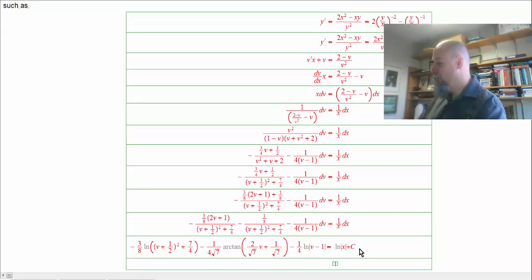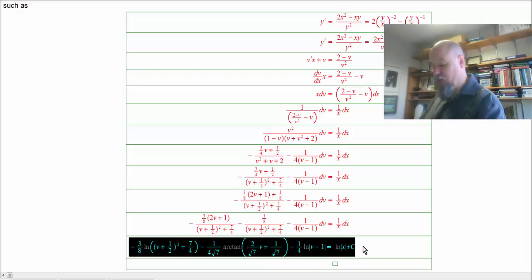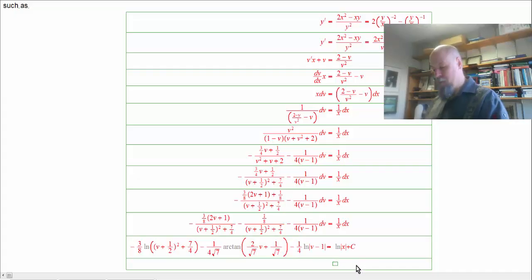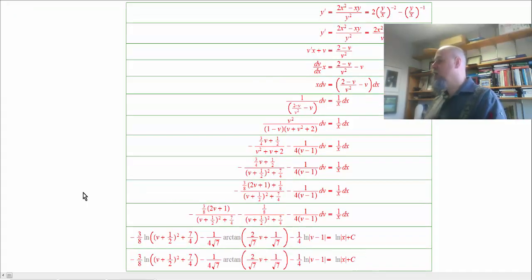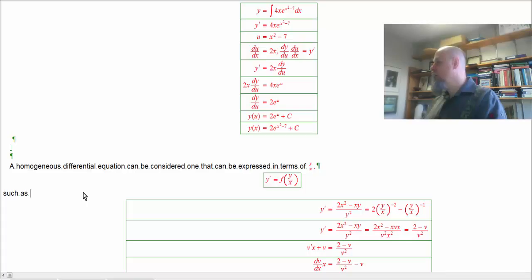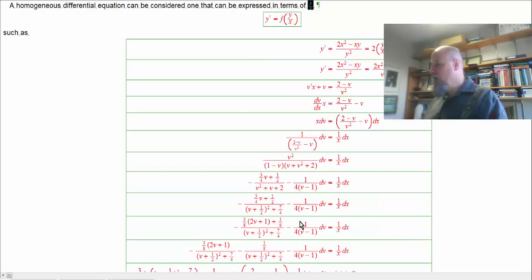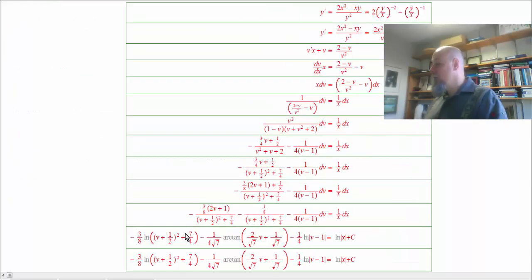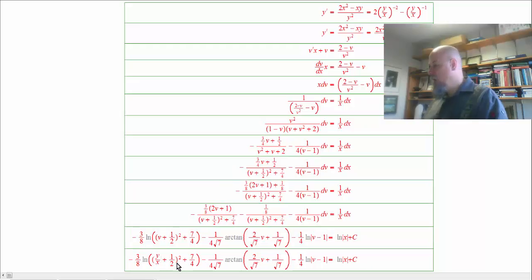No. I got to put back for what v really is. So just like with our regular substitution example, everywhere there's a v, what was v? You go all the way back up to v was equal to y over x. So everywhere there's a v in here, I got to put back a y over x.